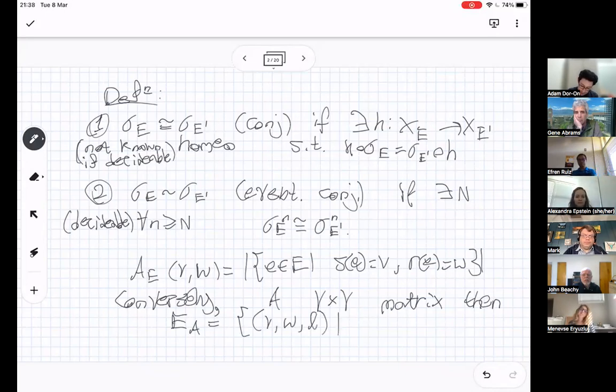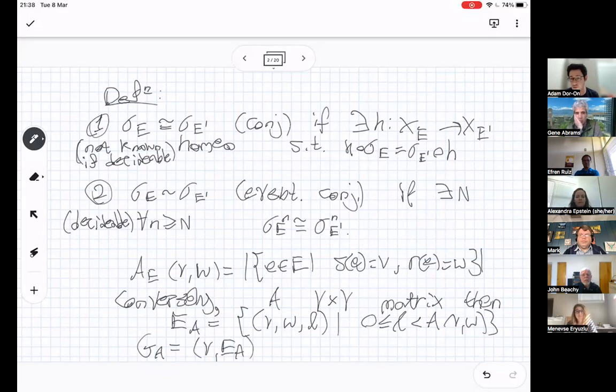So this L is this multiplicity, and it only goes all the way up to A_VW. Okay, so I can make G_A, with vertices V and edges E_A, into a directed graph back again.